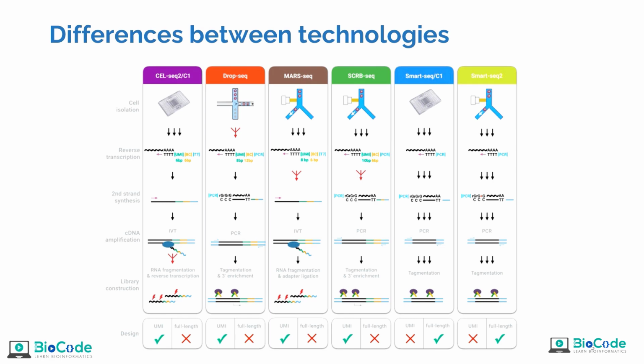The only major difference is that Drop-seq technologies utilize UMIs, which are unique molecular identifiers that allow us to attach a set of synthetic DNA or set of synthetic fragments to each read or each transcript obtained from each given cell, so that we can tag it using a unique molecular identifier, and we can identify it after sequencing.